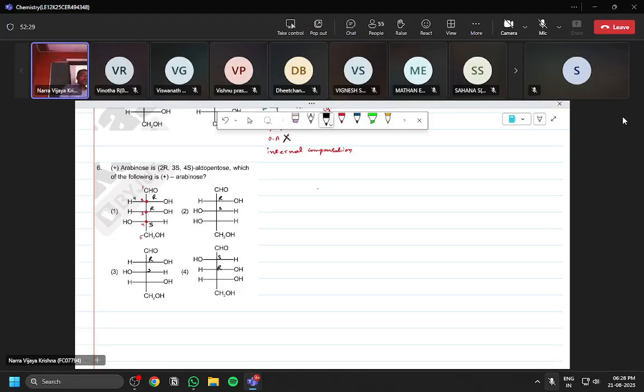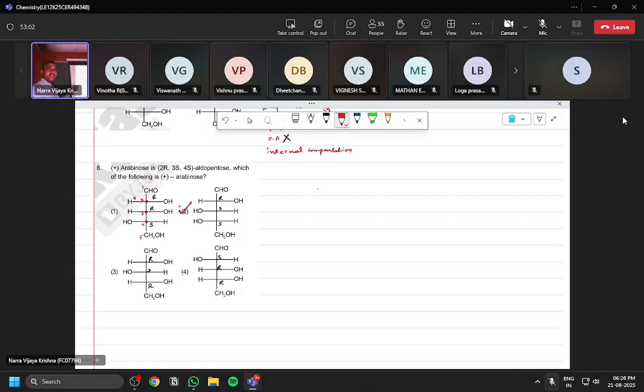For clockwise, R. For anti-clockwise, S. If hydrogen is vertical, as it is. If hydrogen is horizontal, reverse. Right? So which is correct? They are saying R, S. If it is S, this is also S. Correct? Then this becomes R. Now which is correct? R, S, S. Which is correct? Oh, correct.